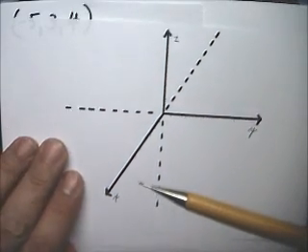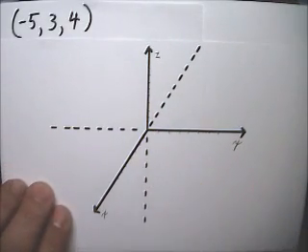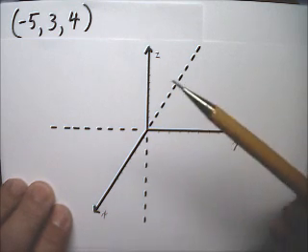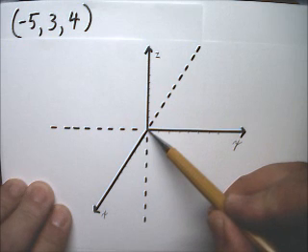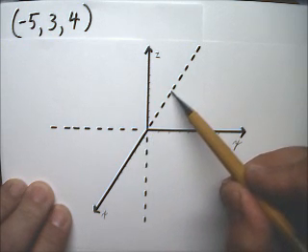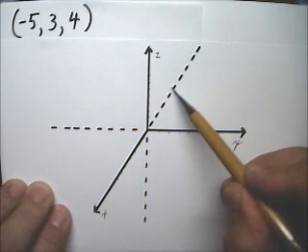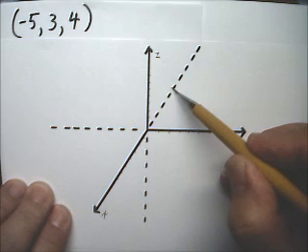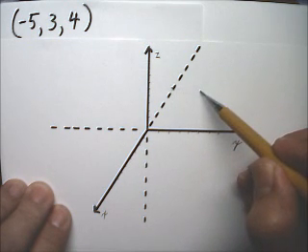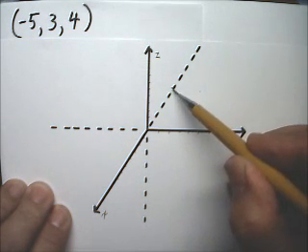So, getting to our point, negative 5 comma 3 comma 4. Negative 5 on the x-axis. Here's 0, 0, there's positive x, so negative x takes it over here, and I'd say that's about 5. Then y is 3, so we're going to come this way, let's say 3.